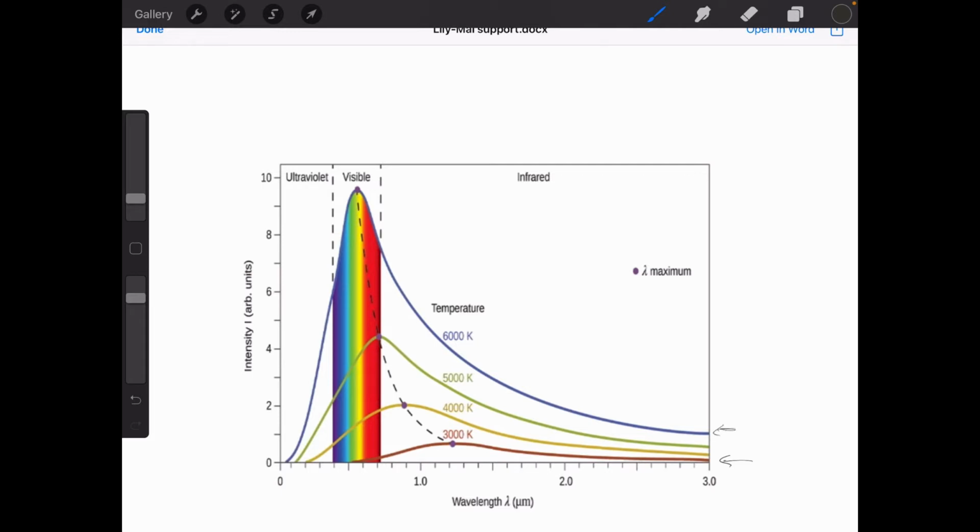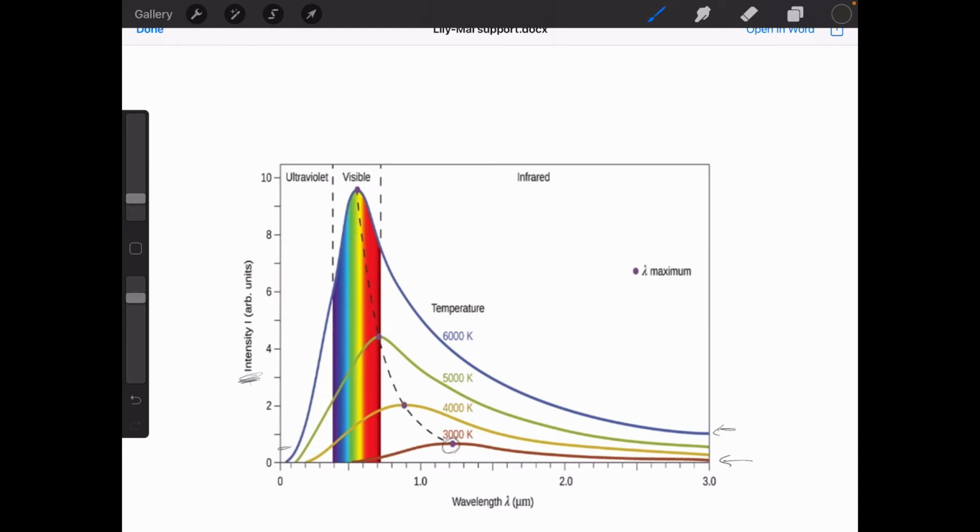The first question that I asked you was to think about how intensity is related to temperature. To do this, we're looking at the peak, how high the peak is on this y-axis here. If we look at 3000 Kelvin first, the peak here is a very low intensity.